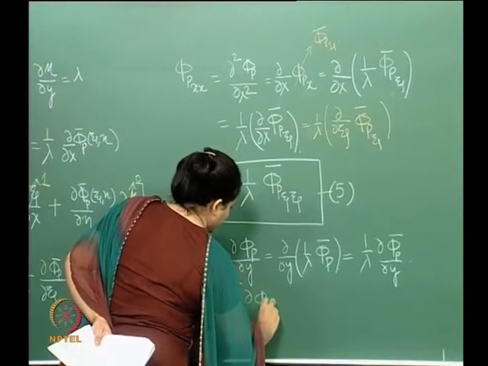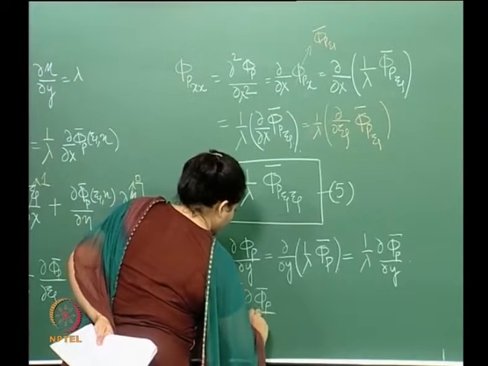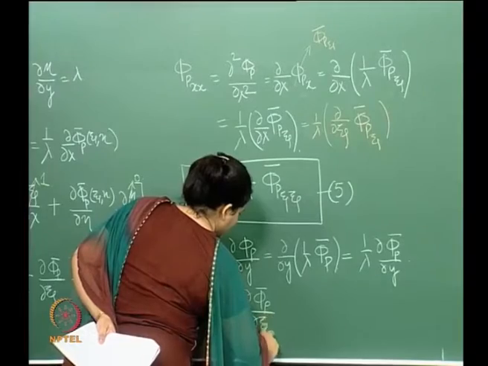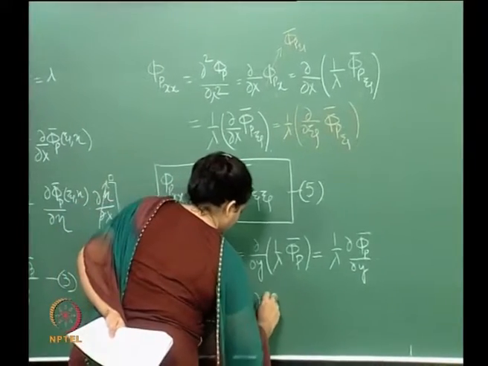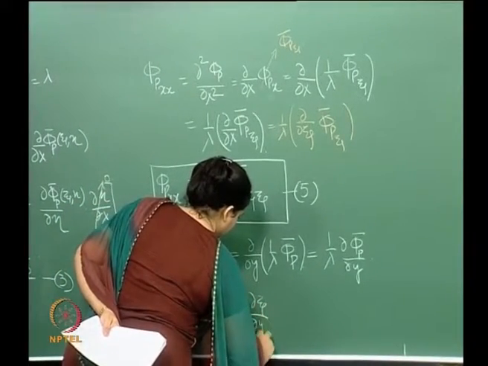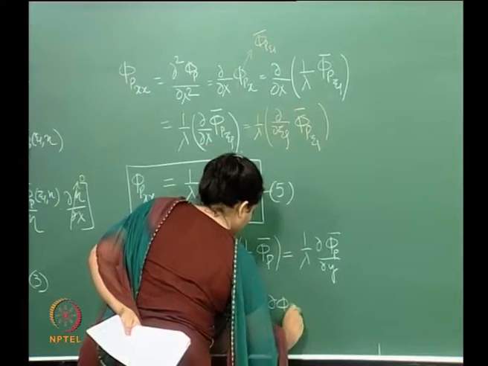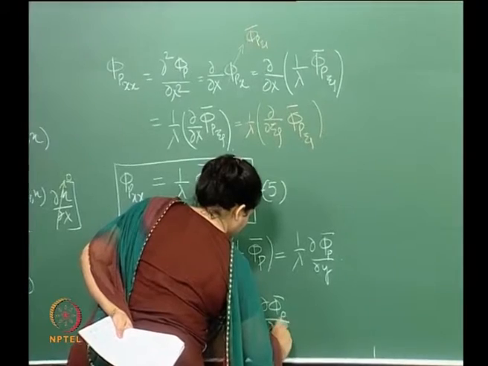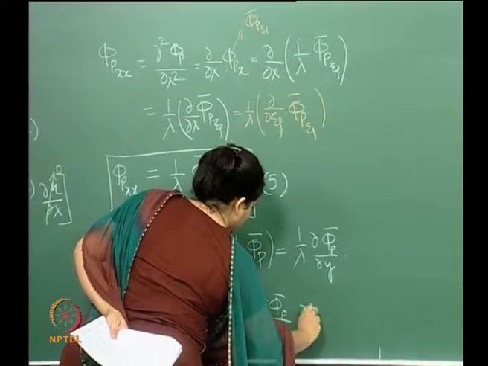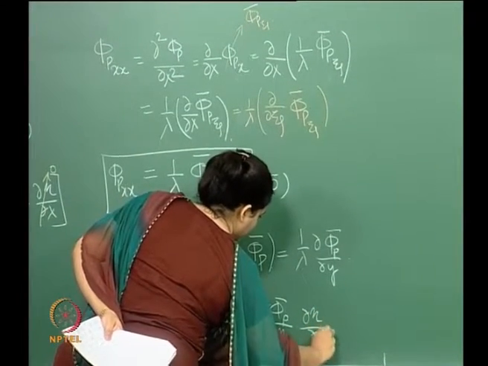So what we get here is del phi p del z, del z del y, plus del phi p del eta, del eta del y.